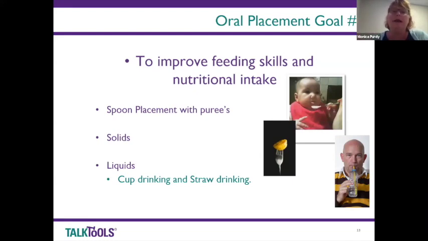Teeth grinding, thumb sucking, biting on pen caps, biting your fingernails, chewing gum. All these are ways to give yourself input to help yourself calm and to increase your attention, increase your focus, participate, or just to calm yourself.